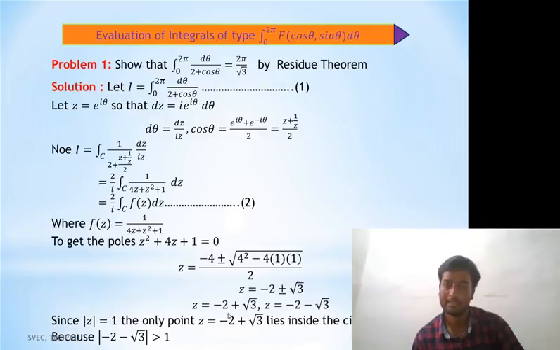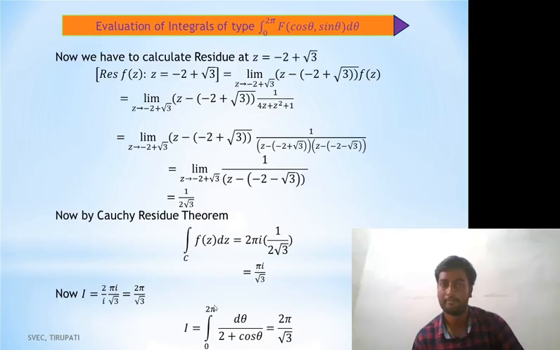You need to check the residue. You need to find the residue at this pole. So you have to calculate the residue. Because it is a simple pole, directly you multiply. So we already take the factors, that means z minus alpha into z minus beta. So z minus this is one factor and this is another factor. Now simply cancel it and substitute z by minus 2 plus root 3.